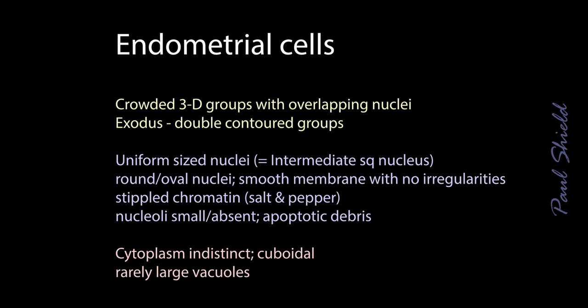Some people describe that as salt and pepper, which I think is because they think there are small particles and larger ones. Nucleoli are not usually a feature of endometrial cells, although all gland cells can have small nucleoli. Cytoplasm is a lot less obvious than in endocervical cells, and there's a lot less of it, and it tends to be finely granulated with a fairly indistinct cell border like an endocervical cell.